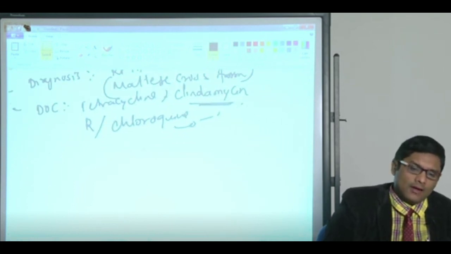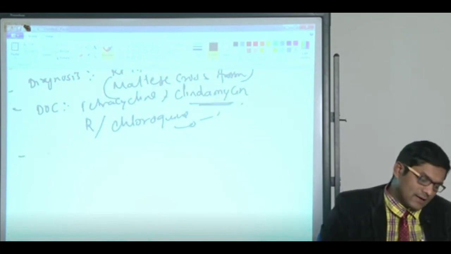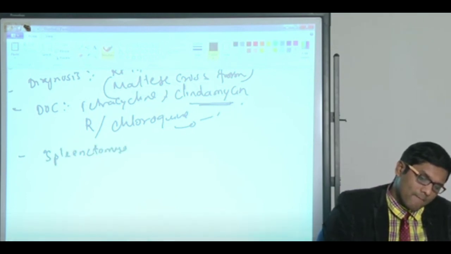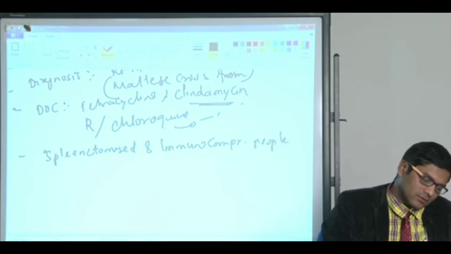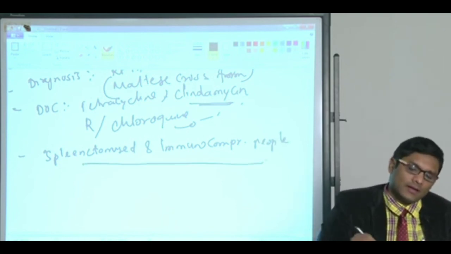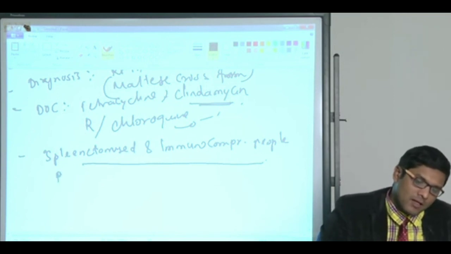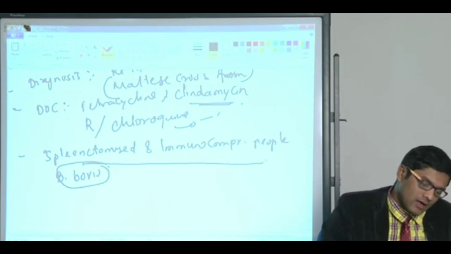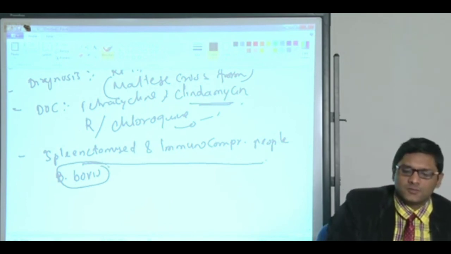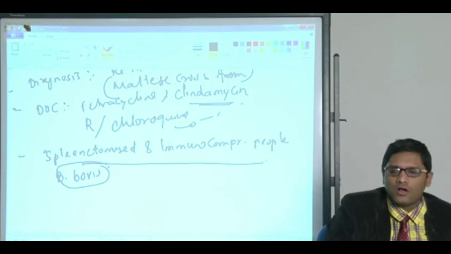Okay, and the other difference is, they say that it is more important in splenectomized and immunocompromised individuals. This is the risk factor. Especially Babesia bovis is a species which usually affects splenectomized and immunocompromised individuals.